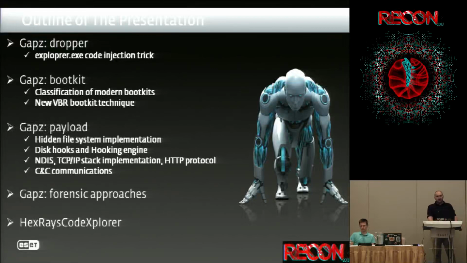Then the Gapz payload, forensic approaches, and the last part describes our plugin for the Hex-Rays decompiler. This plugin is really helpful for position-independent code analysis and for object-oriented code reconstruction.